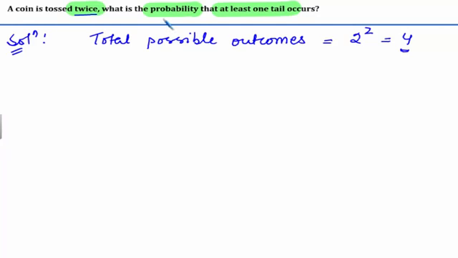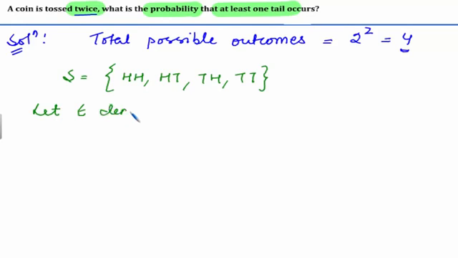Now, we have to find the probability that at least one tail occurs. So first, let us write down the sample space for this experiment. Both the heads can appear, head and a tail can appear, and first tail and then a head can appear, and then both the tails can appear. Now, let E denote the event that at least one tail occurs.